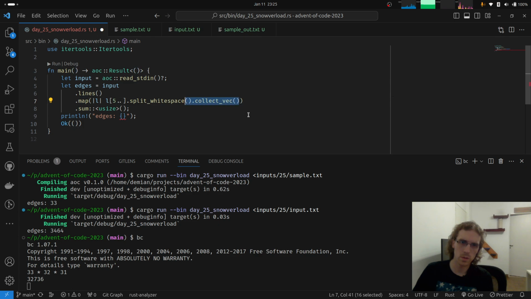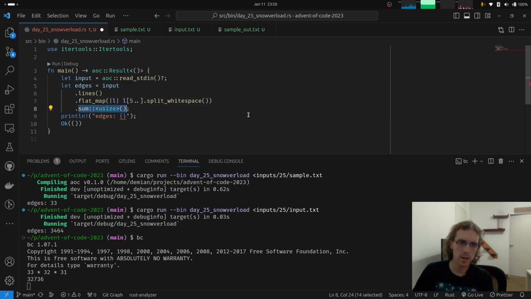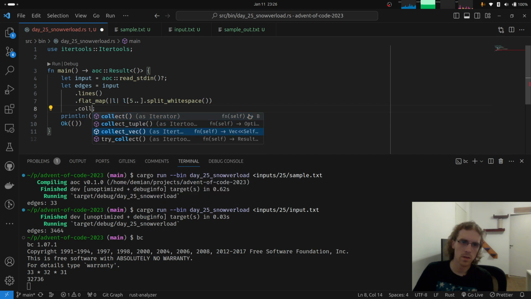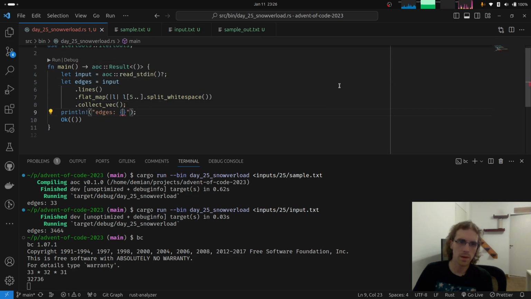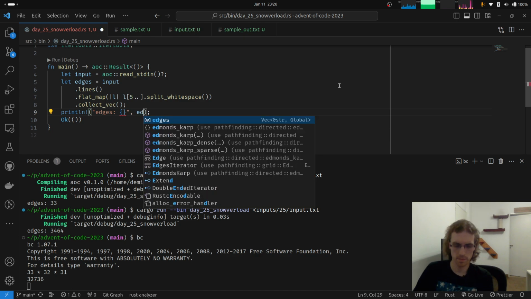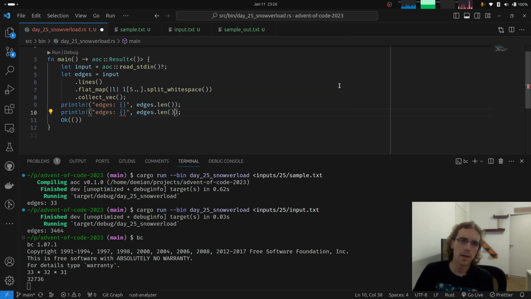Well, actually, we can avoid collecting. Just split white space and do a flat map of this, and then finally collect vec. So if you do this, the edges, yeah, it's a flat vector. We should have 33 of these.